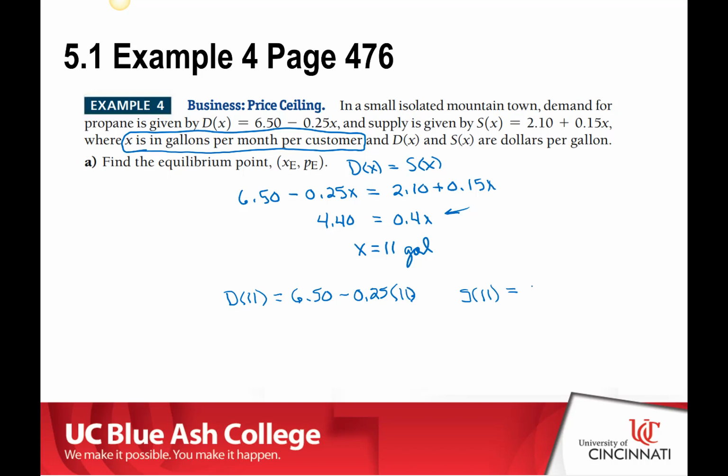If we look at the supply side, it's going to be 2.10 plus 0.15 times 11. And in either case, we get an equilibrium price of $3.75 a gallon. The $3.75 being in terms of dollars per gallon.